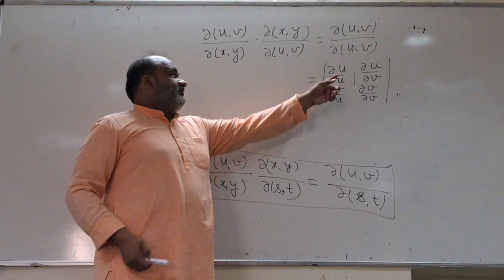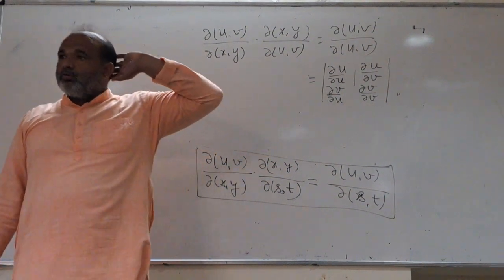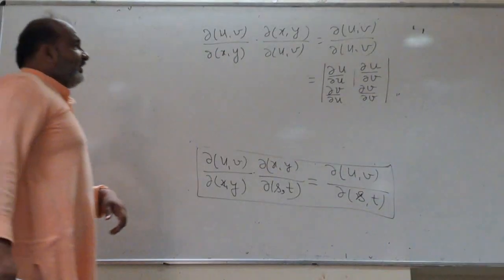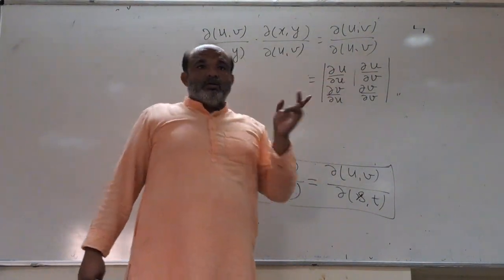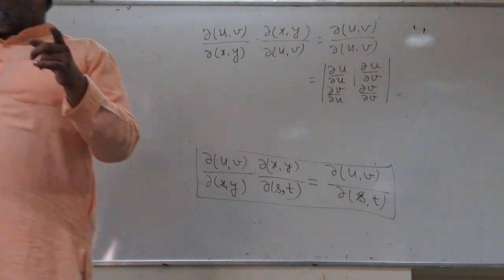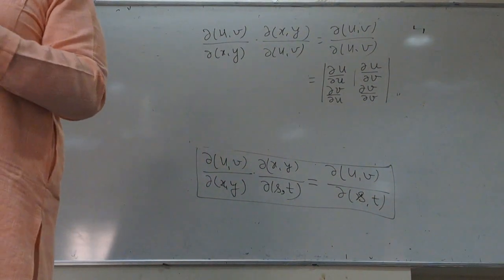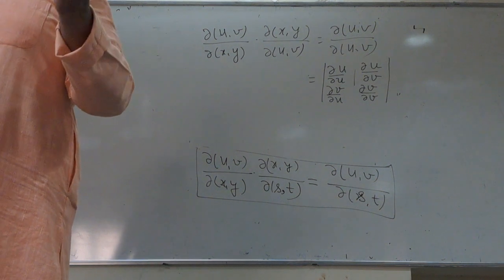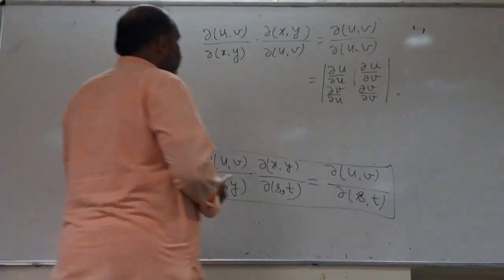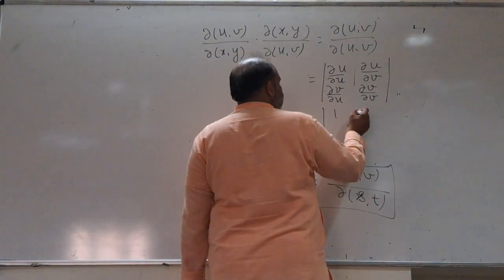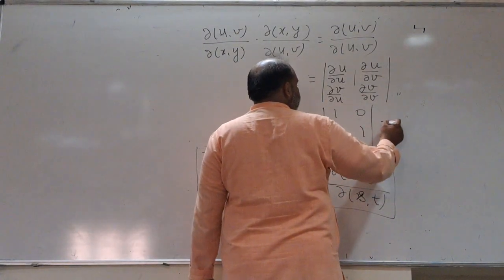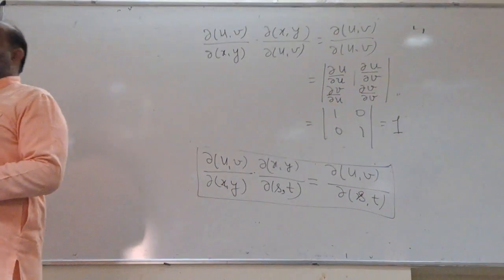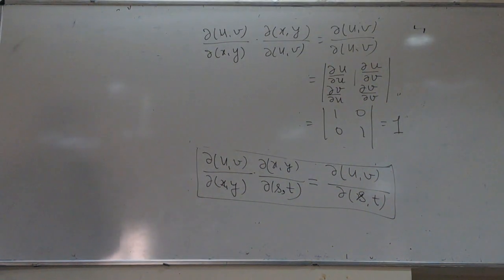Now the derivative of u with respect to u will be equal to 1, and the derivative of u with respect to v, because they are independent variables, the change of v will not affect the change of u, so the value of the derivative will be 0. So this will be equal to 1 0 and 0 1. The value of the determinant will be equal to 1. Is it clear? Yes, sir.